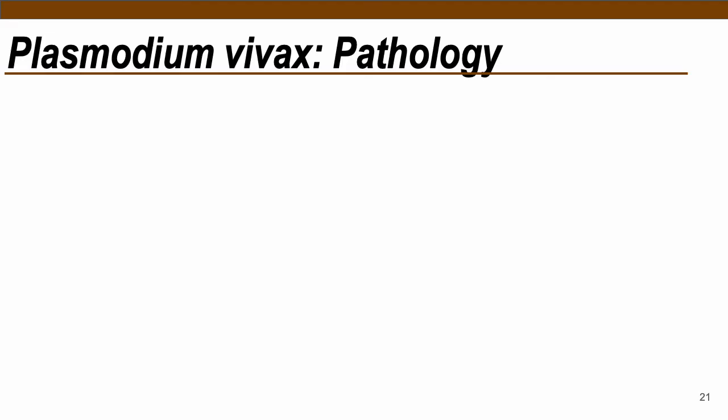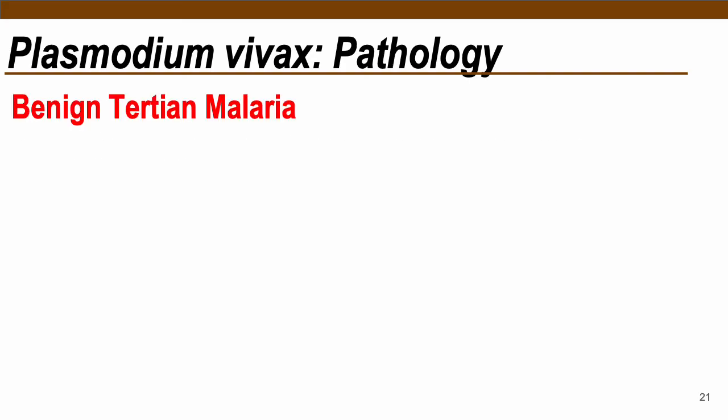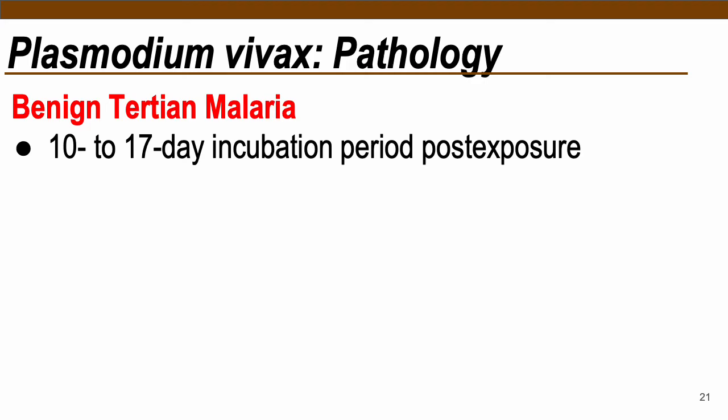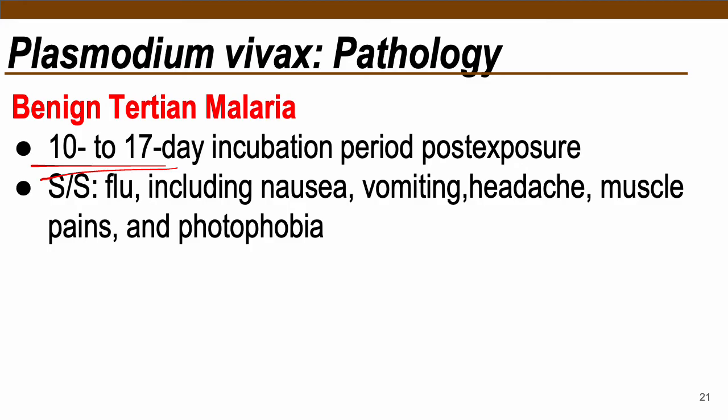For the pathology of Plasmodium vivax, this is similar to falciparum but is less deadly, or what we call benign. It also has a longer incubation period of around 10 to 17 days. The signs and symptoms are very similar to Plasmodium falciparum. This includes flu, nausea, vomiting, headache, muscle pains, and photophobia.